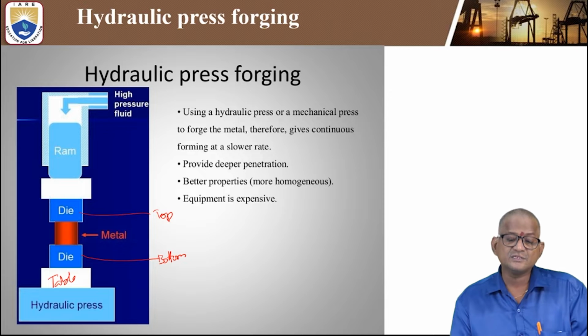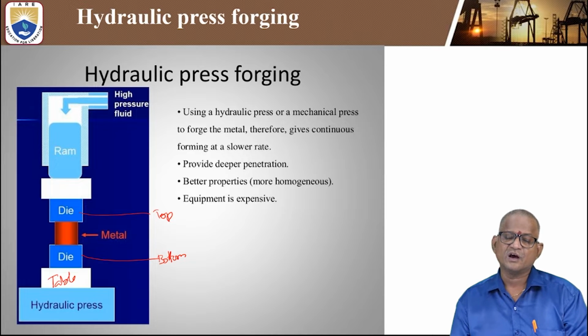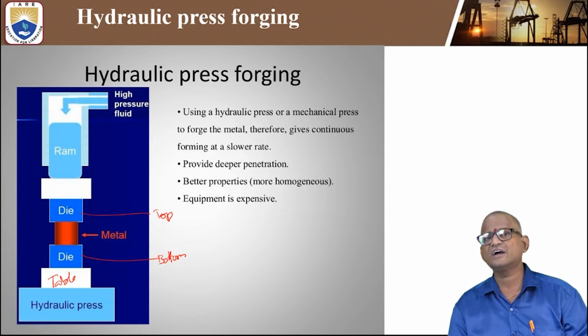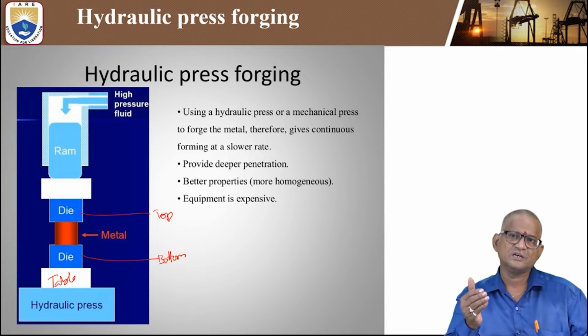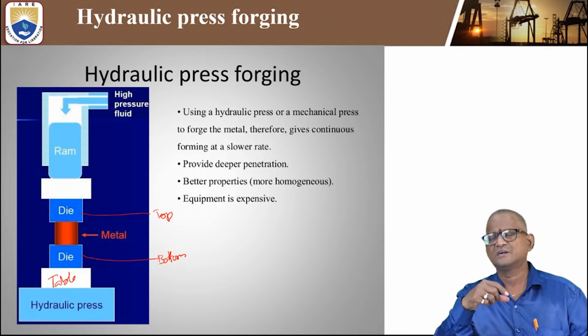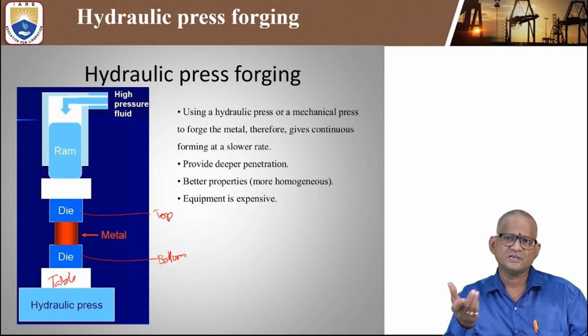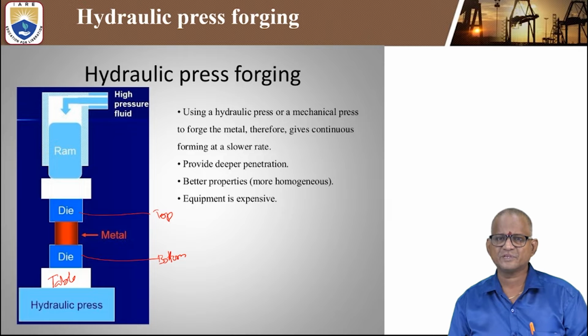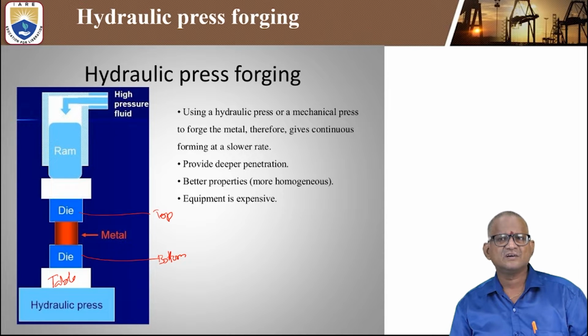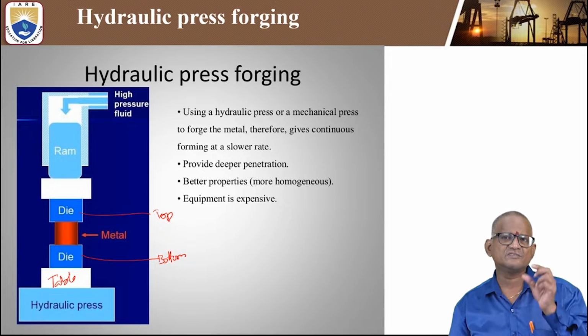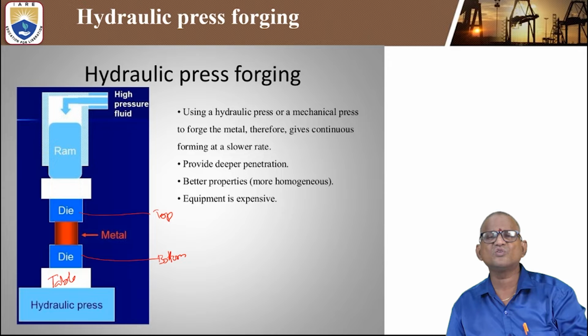In this press forging process, why do we select the hydraulic press? In general, to maintain uniformity and to achieve high pressure, we prefer the hydraulic press. By using this press or a mechanical press to forge the metal, it gives continuous forming at a slower rate.